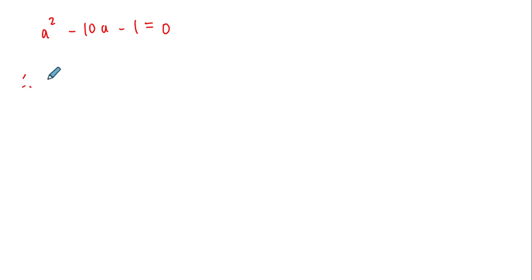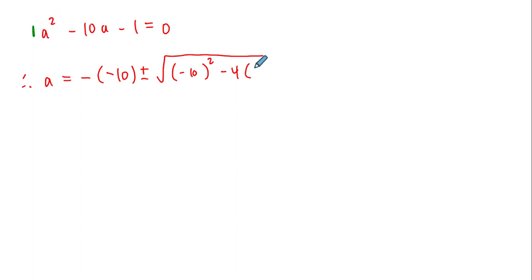So by the quadratic formula, a, which we normally write as x, equals negative the negative 10, plus or minus the square root of negative 10 quantity in brackets squared, minus 4 times the coefficient of the quadratic term, which is 1, and then multiplied by the constant term, which is negative 1.